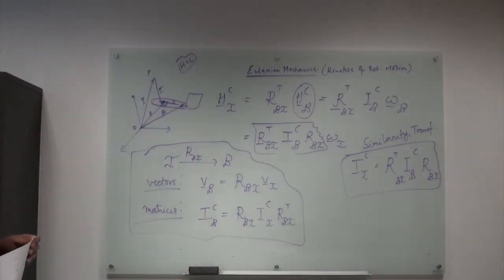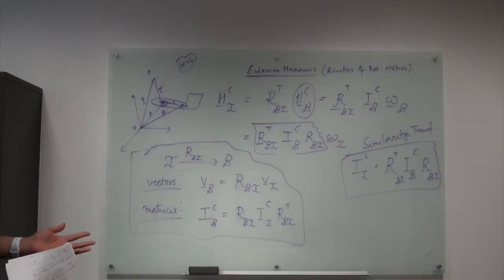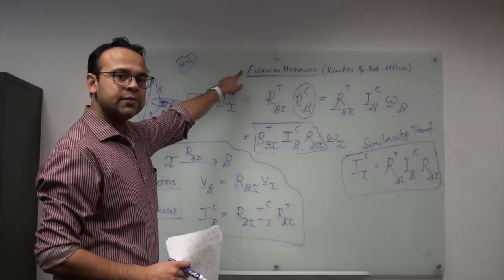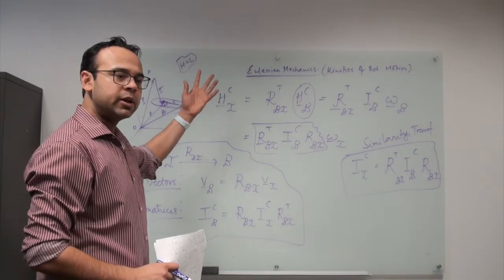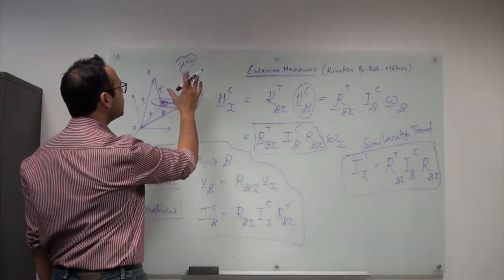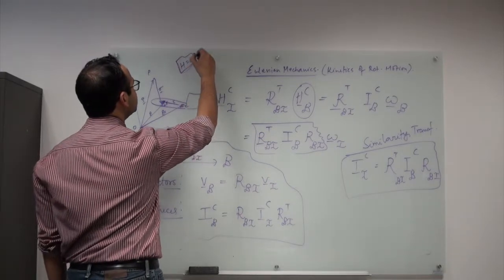So this may seem like a pointless exercise right now, but it can lead to something extremely substantial and of great consequence to our ultimate objective here, which is to develop the Euler's equations of rotational motion. Right? So again, go back to what we were trying to do here. This is the objective.